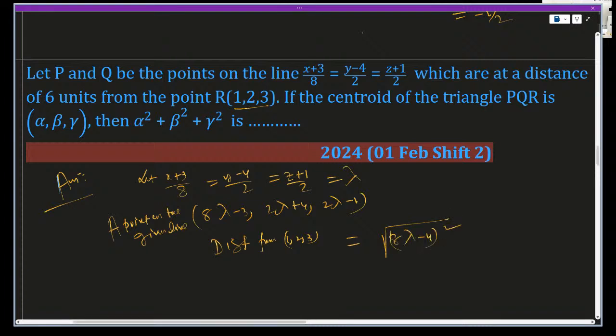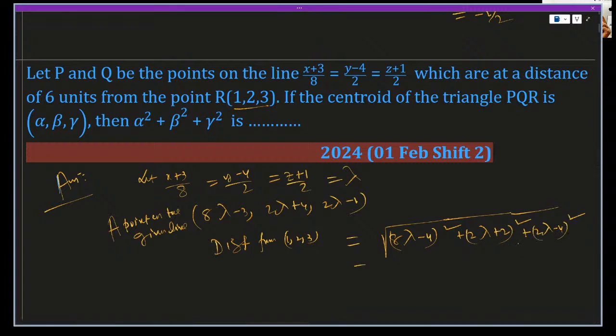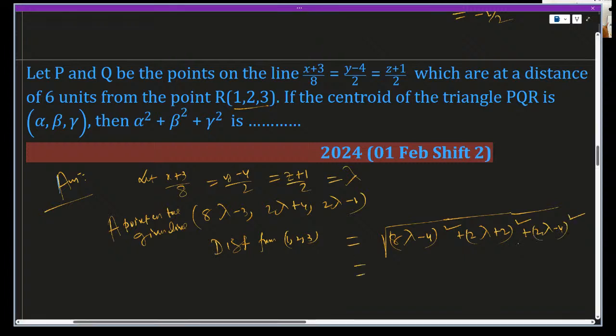8 lambda minus 4 whole square plus 2 lambda plus 2 whole square and 2 lambda minus 4 whole square. 2 square common, 2 outside.